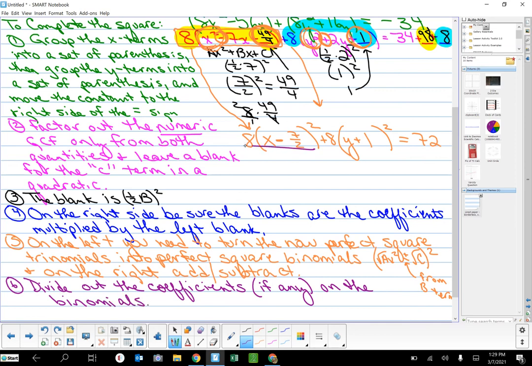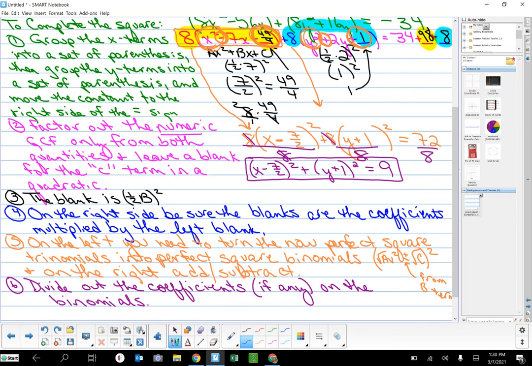So we divide this by 8, this by 8, and this by 8, which gives us just x minus 7/2 squared plus, because these cancel each other, y plus 1 quantity squared equals 72 divided by 8, which is 9. And this is the standard form of our circle, with the center at 7/2, comma -1, and a radius of 3.